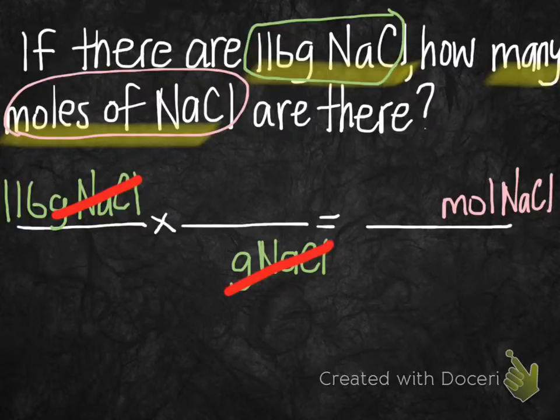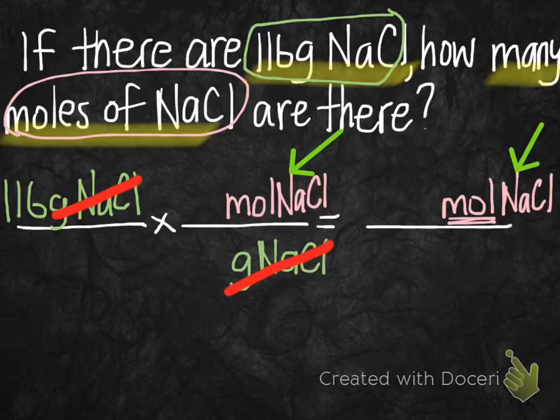Remember, mole without the E is just a shortcut for writing moles. We have one last step to do. We want mole NaCl, so that also goes here. So this will match this.